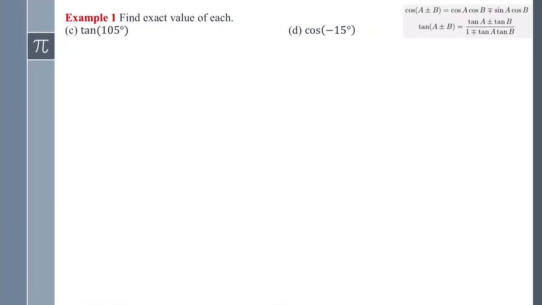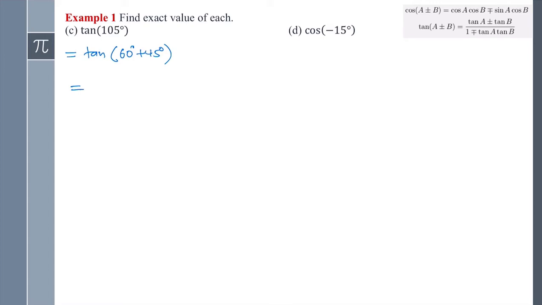Now let's look at more examples. Tangent 105 degrees, we can again rewrite as tangent 60 degrees plus 45 degrees. 60 plus 45 is 105, and we know the exact values for 60 and 45 from the unit circle.